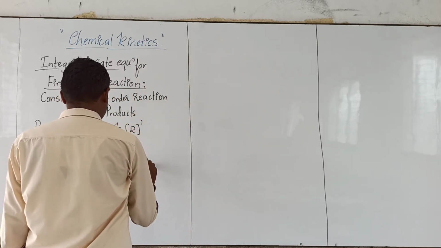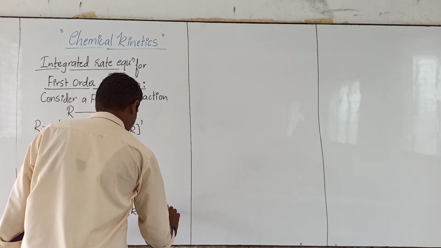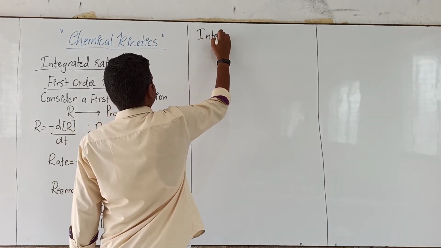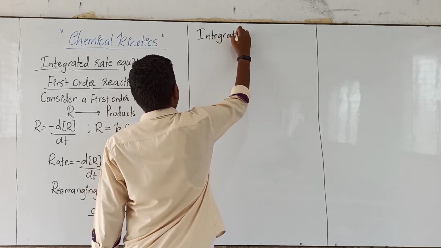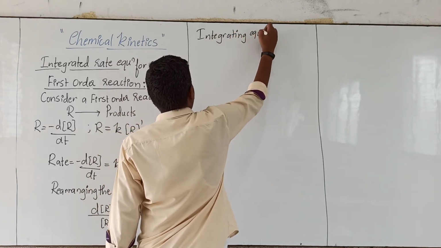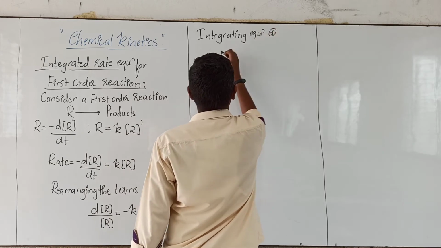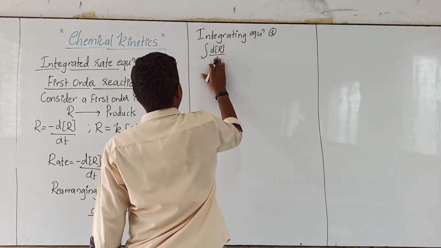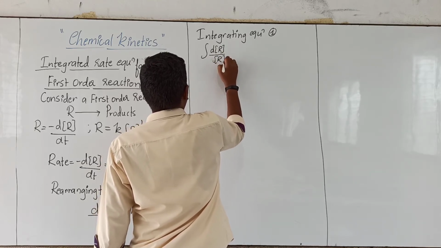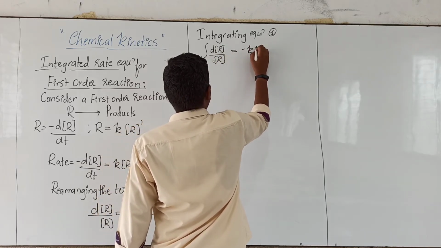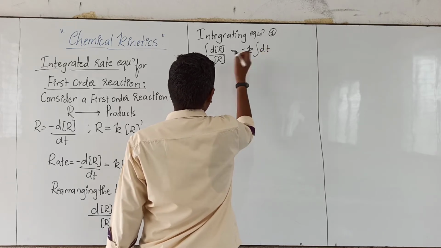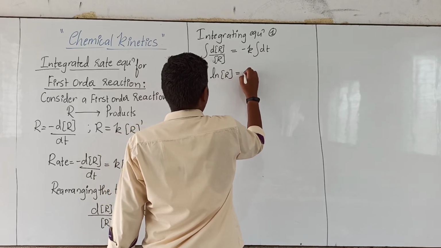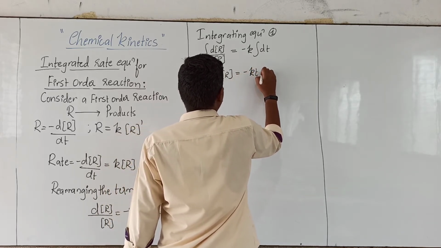Say this is equation 1. Integrating equation 1, we will write integral of dR upon R is equal to minus k into integral of dt. On solving we get ln of R is equal to minus kt plus c.